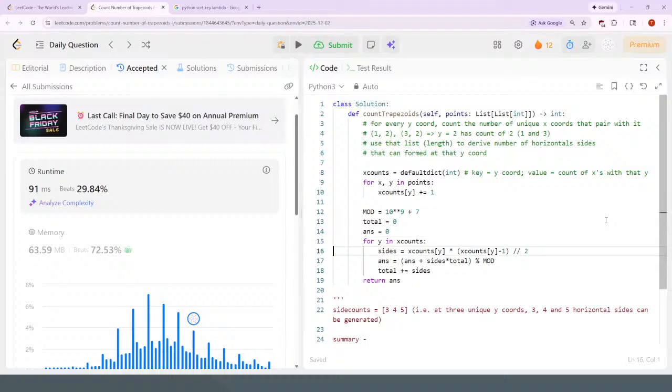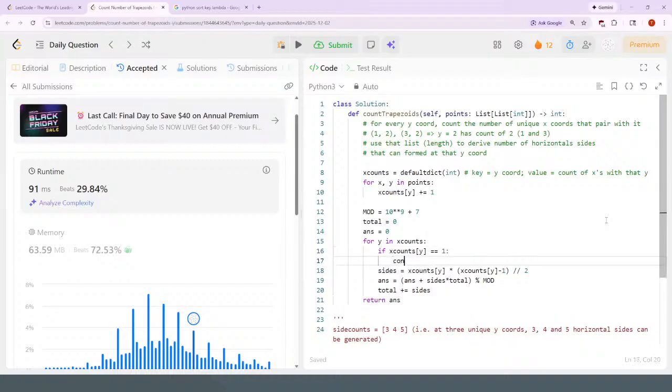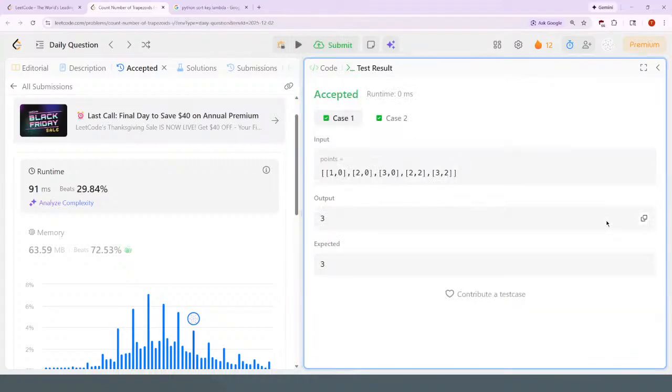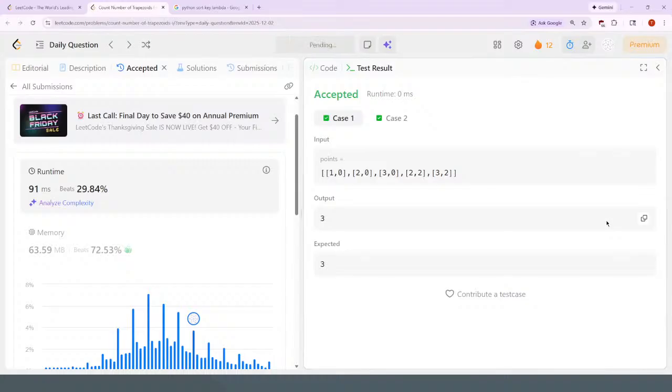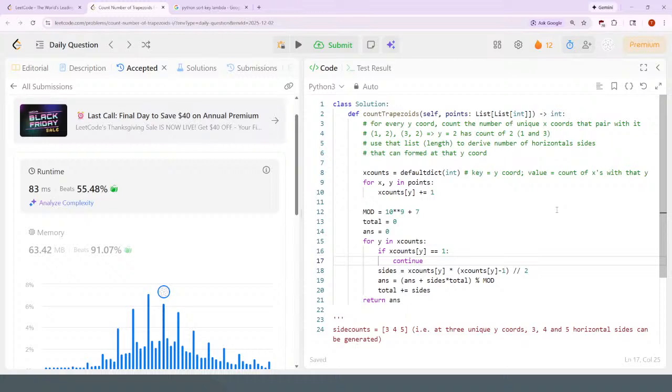Well, I guess maybe. Okay, if x counts at y equals 1, then skip it. Maybe that it does skip over some set of executions. I guess it does skip over a lot of possible points. Alright, let's think about this.